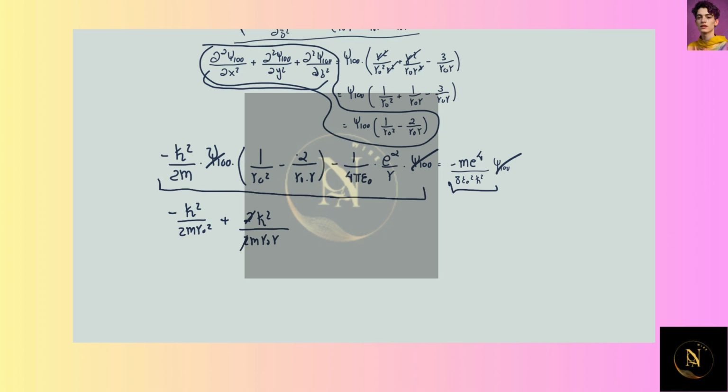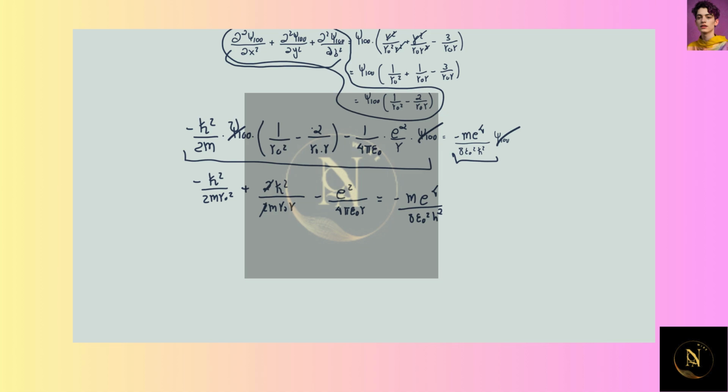These two simplify with this one, minus e squared divided by 4 pi epsilon 0 times r, is equal to minus m e to the fourth divided by 8 epsilon 0 squared h squared. Now remember that the Bohr radius r0 is given by epsilon 0 h squared divided by pi m e squared.